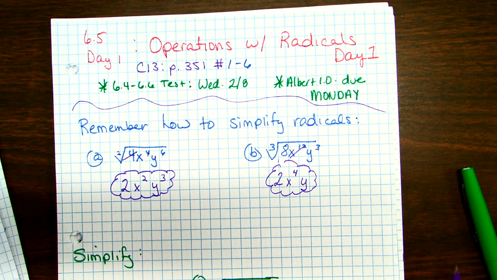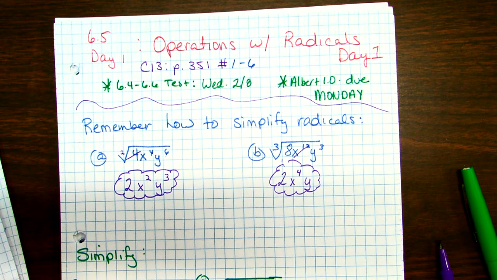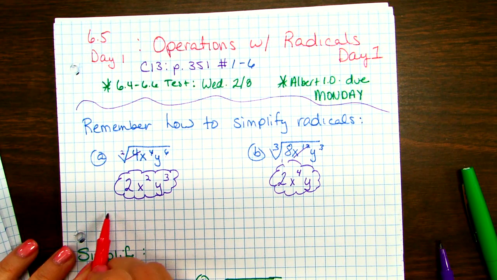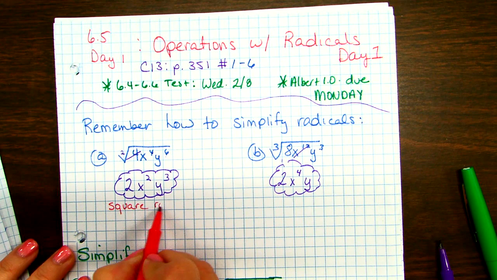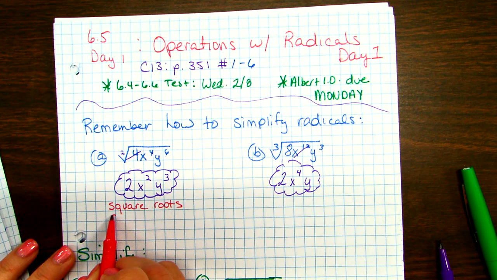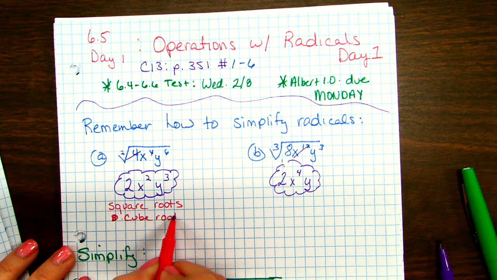So what I think is the best thing for you guys to do when you start these problems, like pretend you're taking the test, I mean, you're going to have the notes in front of you for this, is to make a list, if you want to, not a requirement, of the square roots, the cube roots, and the fourth roots.